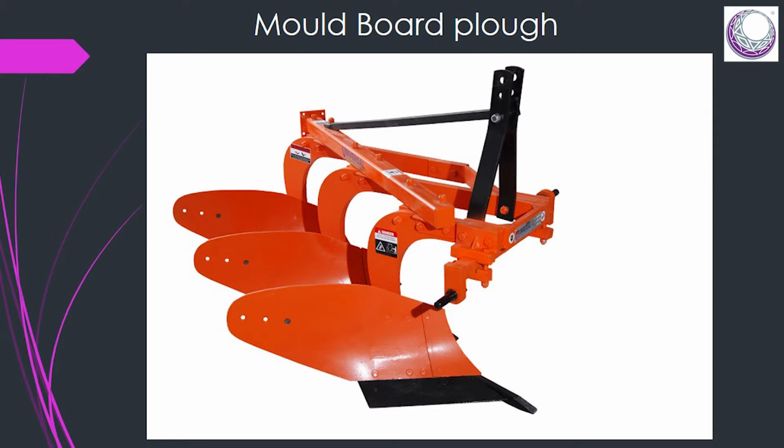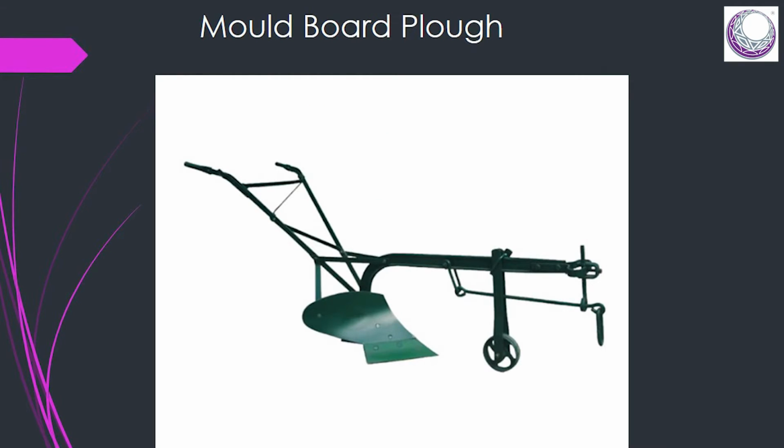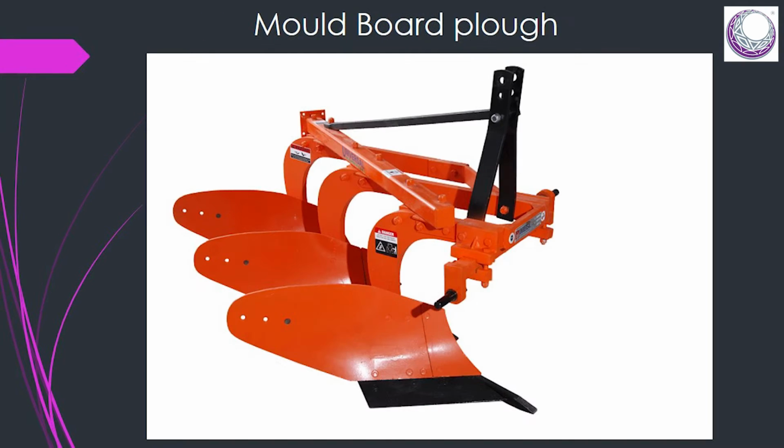Now these two, their difference is that the one which has got one blade is pulled by animals. Then the second moldboard plow, which has got three blades, is pulled by a tractor.